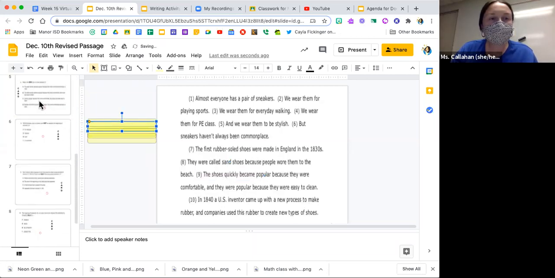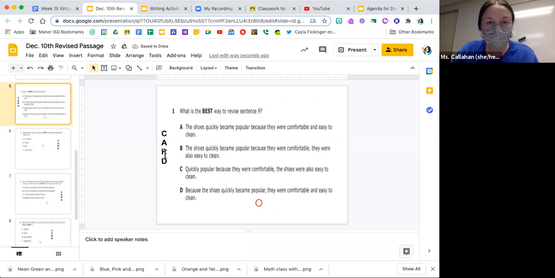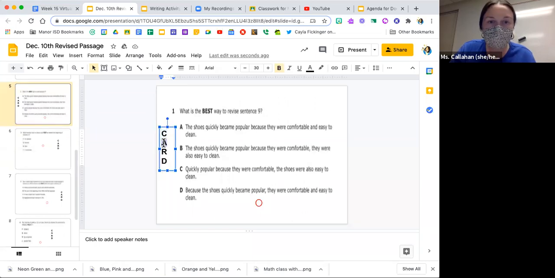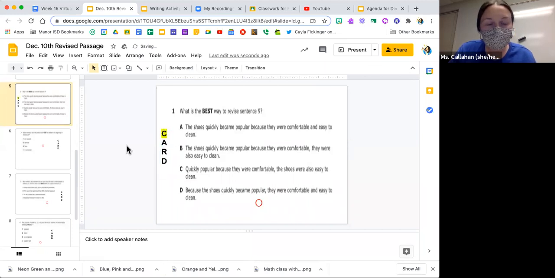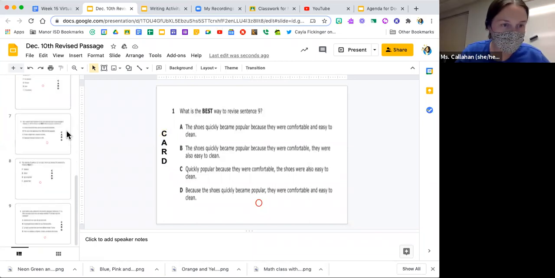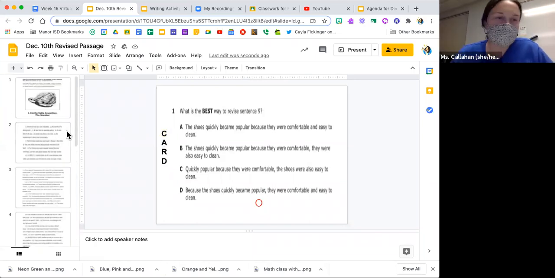Then you will come down to CARD, and I want you to think, if we are combining sentences, adding ideas, rearranging ideas, or deleting ideas. And then I want you to highlight the letter that we use. We'll do 1 and 2 together. 3, 4, you will do independently.